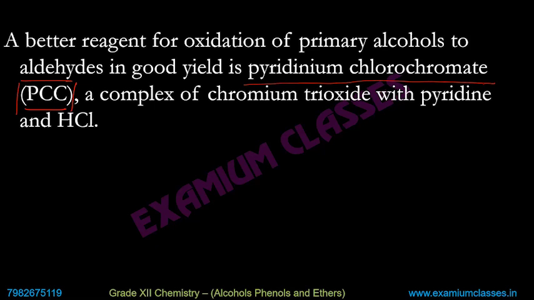Remember, oxidation of primary alcohols to aldehydes. Wherever required, use this one. If you have to convert primary alcohol to aldehyde, invariably use PCC, nothing else. Although there are other possibilities. We can use CrO3.